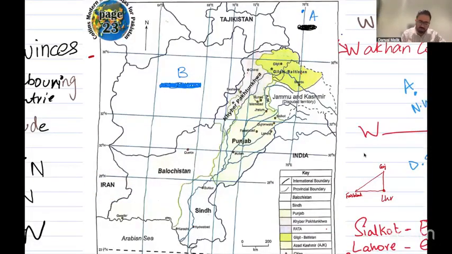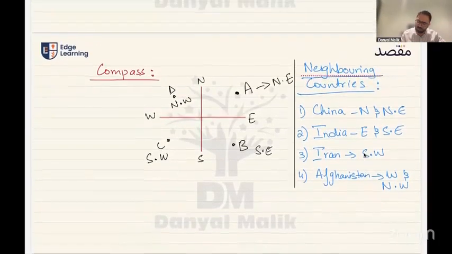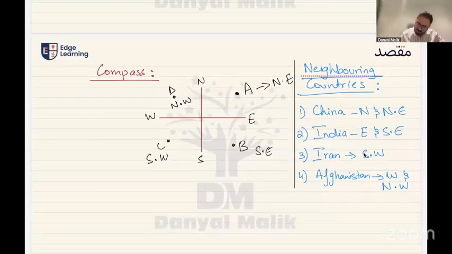Iran is basically southwest of Pakistan. This is the west, so this is the southwest. Similarly, one more thing I forgot to mention over here: we have one more neighboring country, and that neighboring country is Tajikistan.